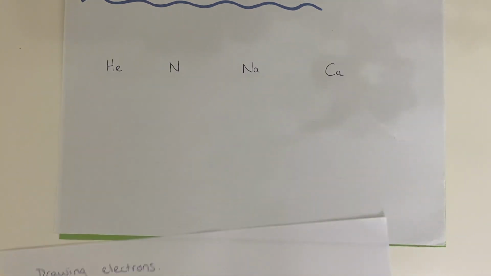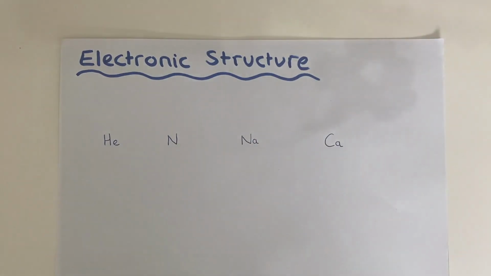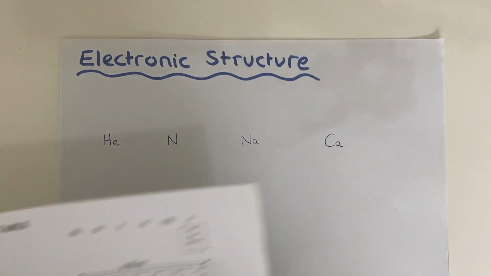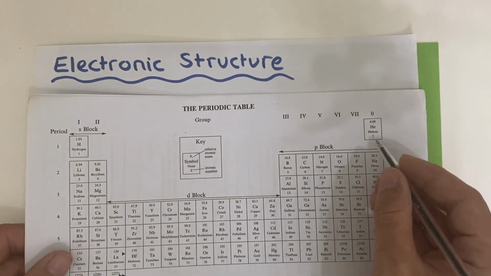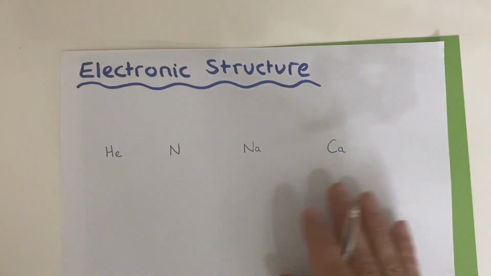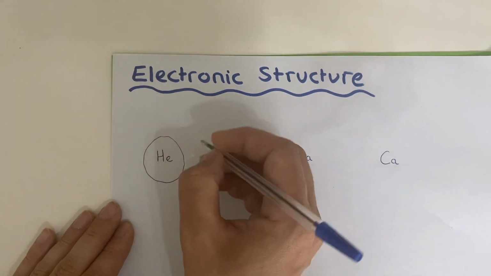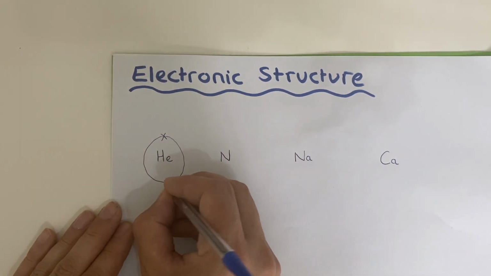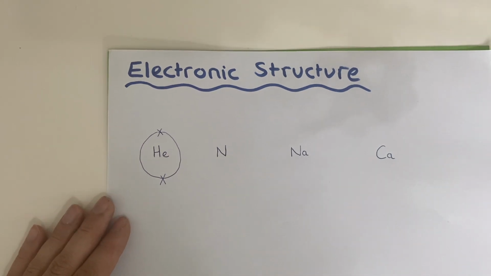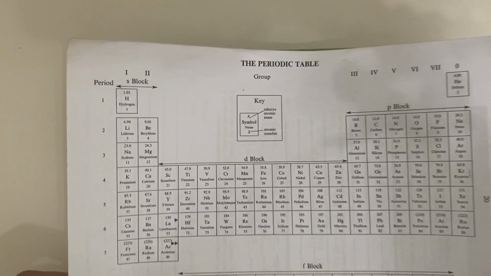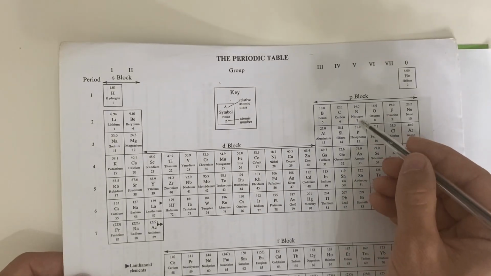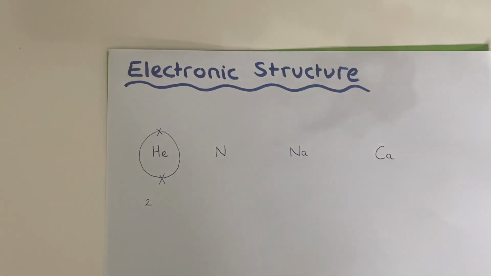Right, let's have a go at a few more. If I use my periodic table, I can see that helium has 2 electrons, so I'll need just 1 shell, 1 electron, 2 electrons. Its electronic configuration is 2. Nitrogen, smaller number is 7, so it has 7 electrons.